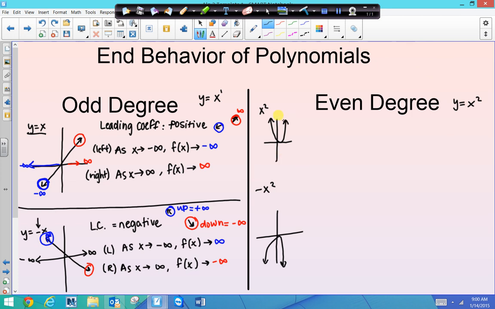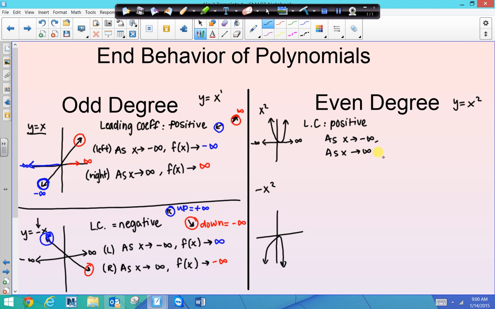So if we look at this top one, that's for a positive leading coefficient. Our end behavior is still going to be split up between the left side and the right side. We talk about the left being x going towards negative infinity, and the right being x going towards positive infinity.